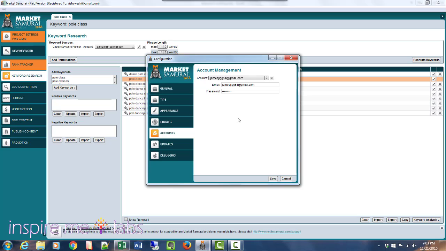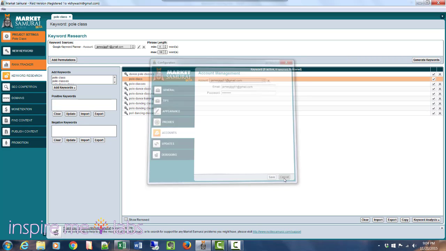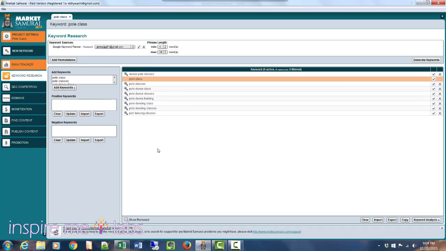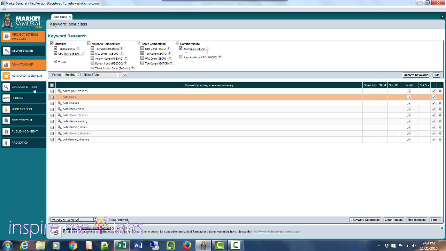That's because Market Samurai is going to access your AdWords. There's no problems as such. It's perfectly fine, and it's just going to go in and access your AdWords account and retrieve data from it. So you need to configure that one particular setting before it can grab any data for you. Okay, so let's go back to the analysis.